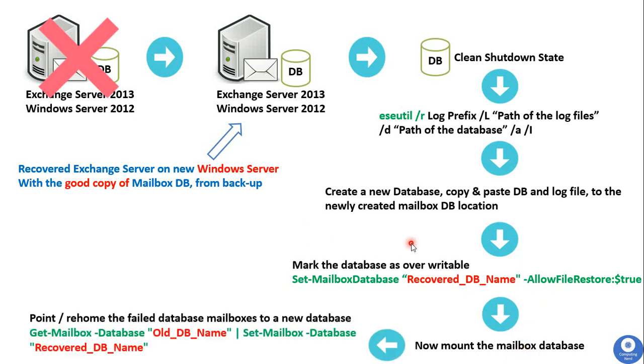The final step is to rehome or point the failed mailboxes to the newly recovered mailbox database with this command. With this command, we will move the mailbox location from that failed database to the newly recovered mailbox database. After this, the users will be able to send and receive emails and will be able to see the older emails as well.